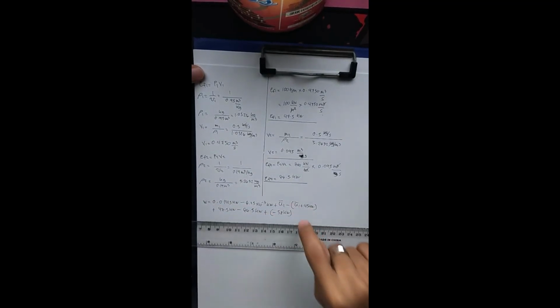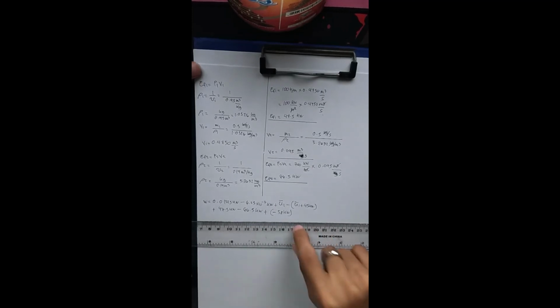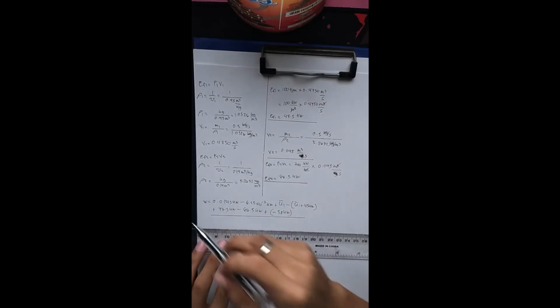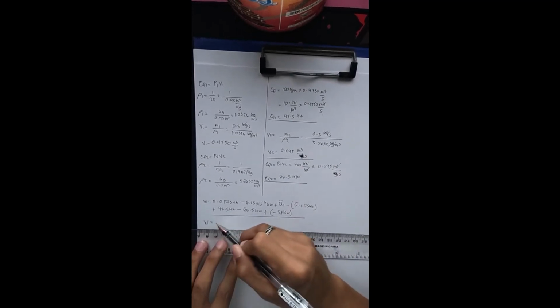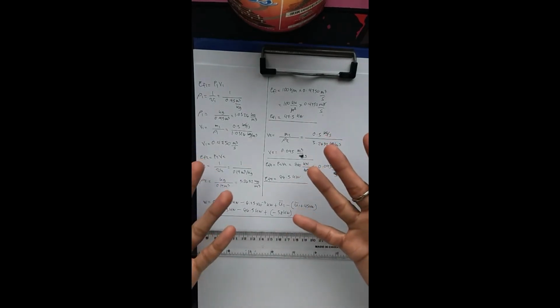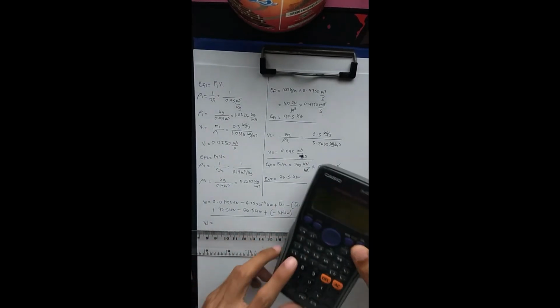The answer here, if I simplify these values, should be negative. If ever it will become positive, therefore there's something wrong with my solution. So that means if I simplify all of this, I need to have a value of negative work. Because that is the nature of our compressor, it receives work and it rejects heat. So negative work and negative heat, always remember that.